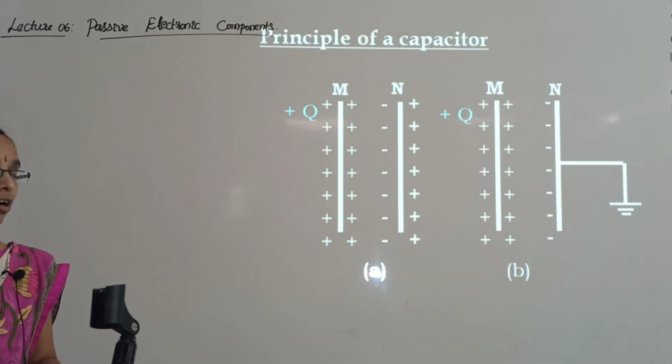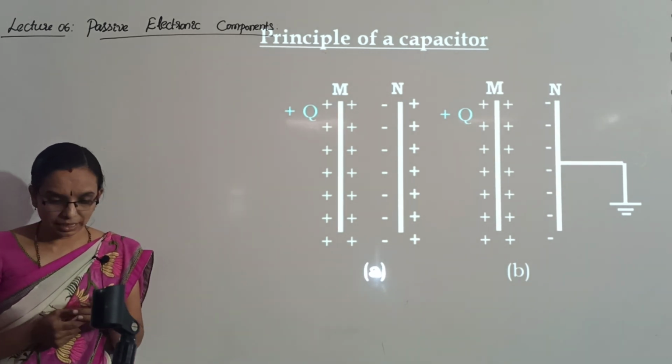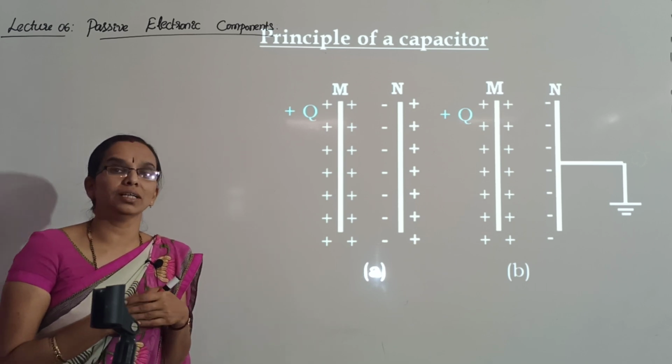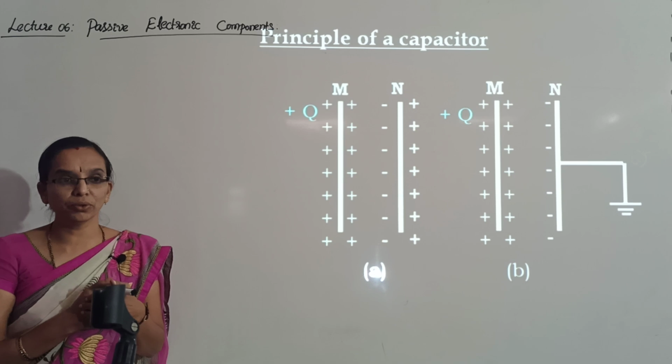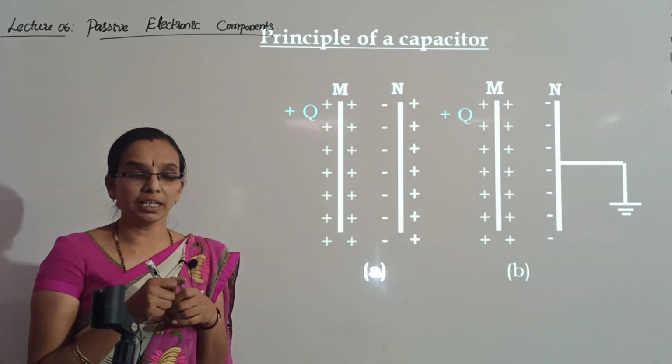Next is the principle of capacitor. In the principle of capacitor, what they are going to tell us is the principle that is used to store the charge, and how the capacitance of the plate can be increased.